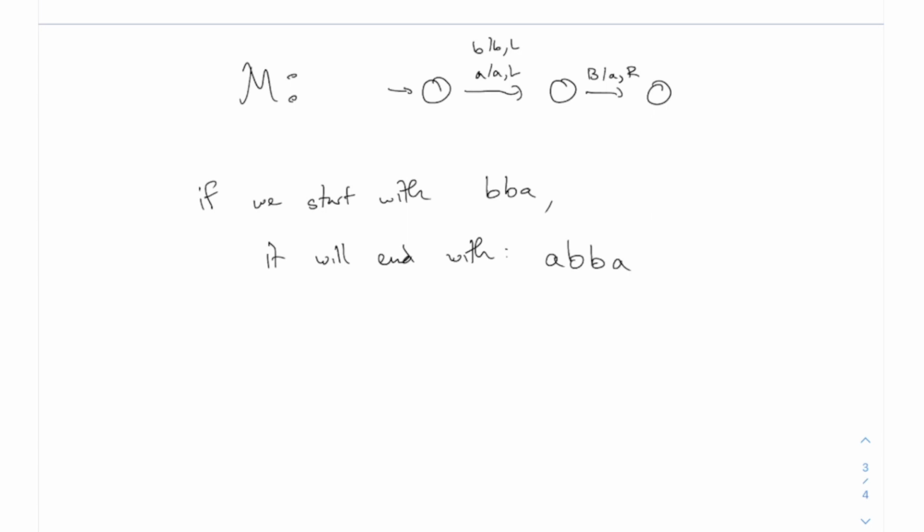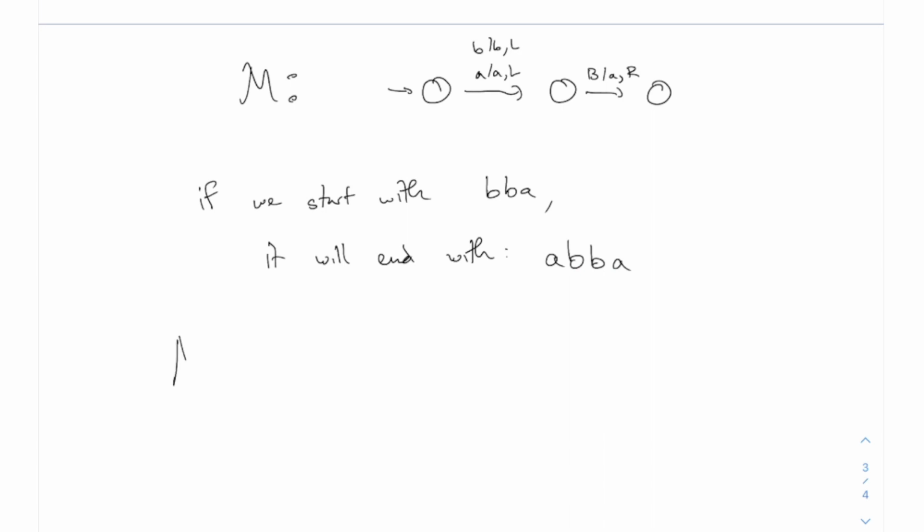It starts off by looking at the first B. You see this first arrow? The machine leaves what it is, but moves to the left by one position. And then this arrow takes a blank and turns it into an A. So this thing begins with BBA. The machine moves left once and then changes this blank into an A. And so the result is ABBA.